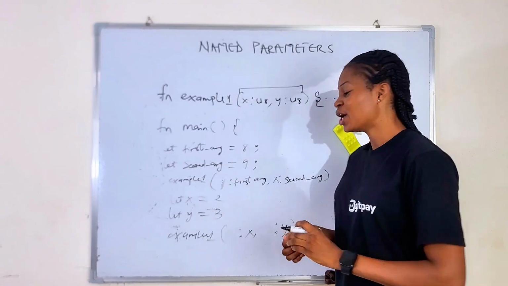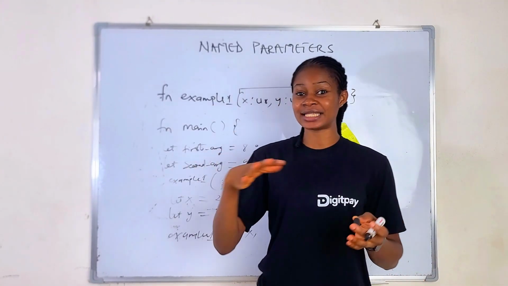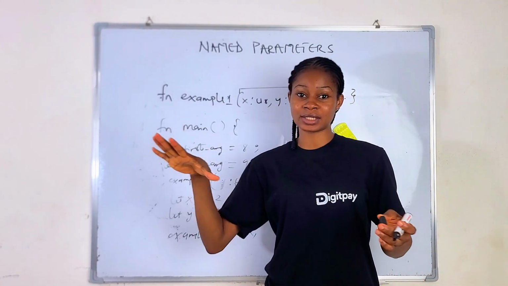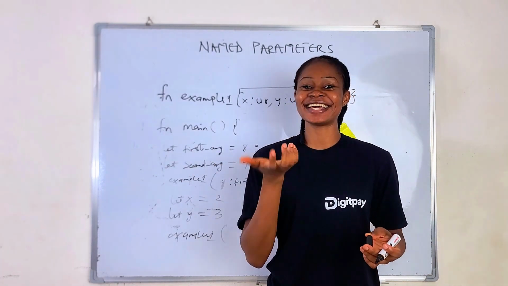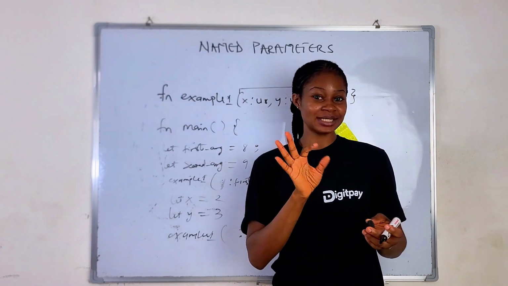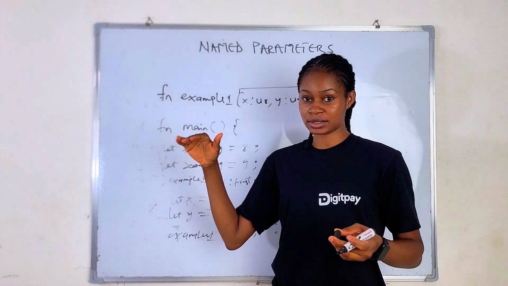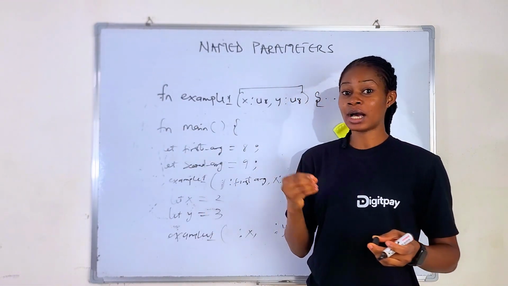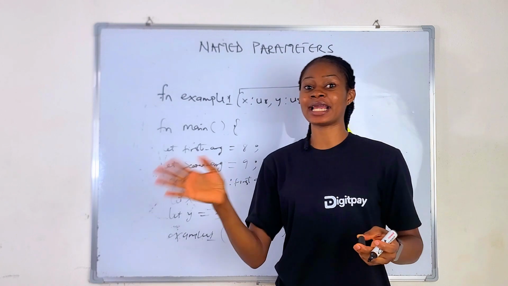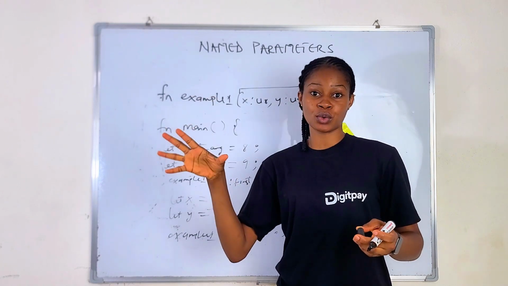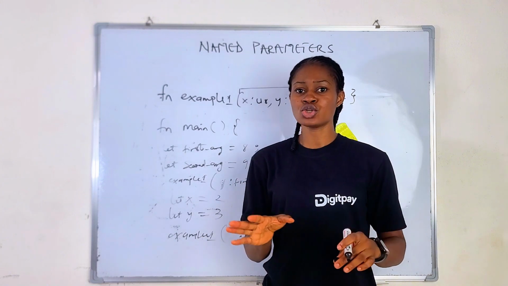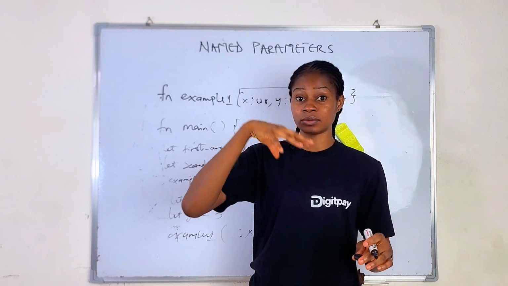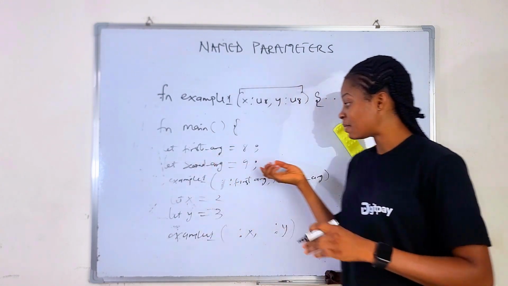So where does this even become important? In the case where you're trying to call a function that takes a lot of parameters or a lot of arguments, and sometimes these arguments can be similar, like felt252, felt252. Sometimes it becomes confusing, so you can actually single out the parameters you want to pass by naming them, right?